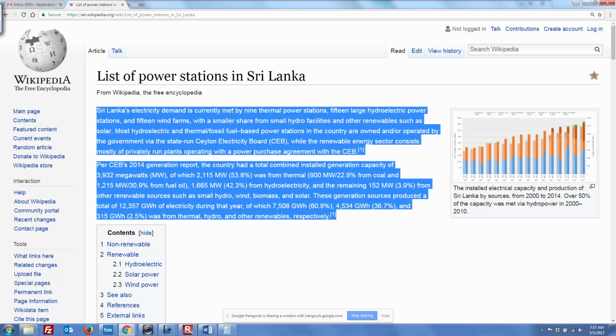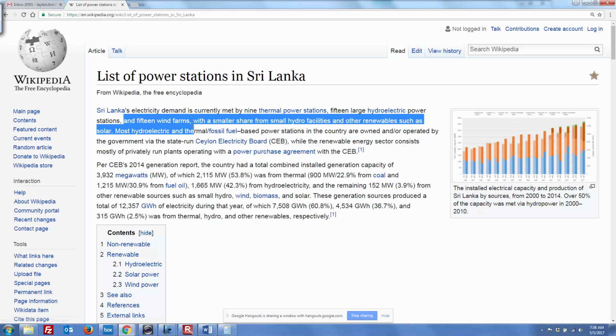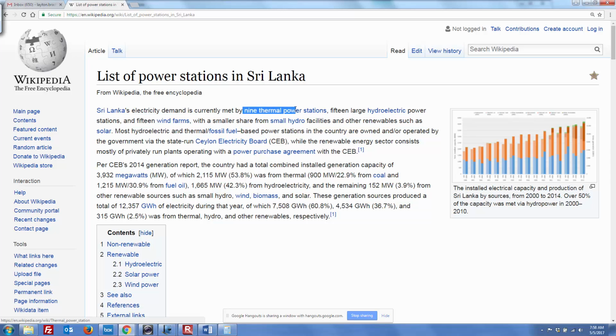And so right now it says there are 9 thermal power stations, 15 large hydro, and 15 wind farms. So usually when you see the 9 thermal power stations, that is typically coal.